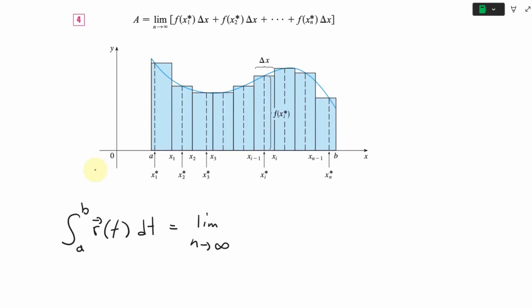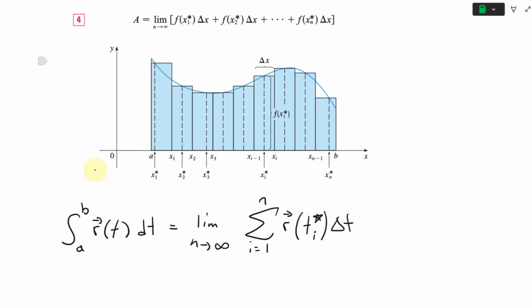So we're going to go summation up to n, with i equals 1. We're just going to sum up a bunch of rectangles of r vector, where the value for the height is at the parameter ti star. So it could be anywhere in between t1 and t2, doesn't need to be t1 or t2. And then delta t like this.